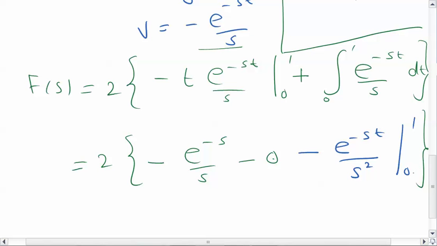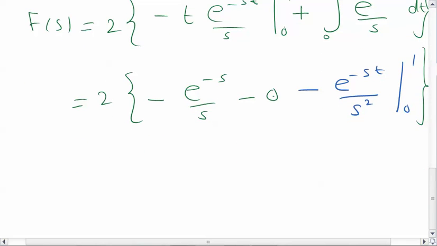All right, so now we have to do the limits over there. So we'll have F(s) is 2 times negative e to the negative s over s, negative.